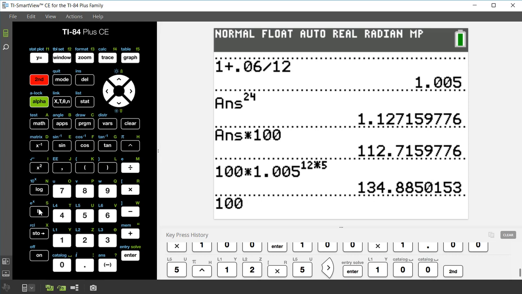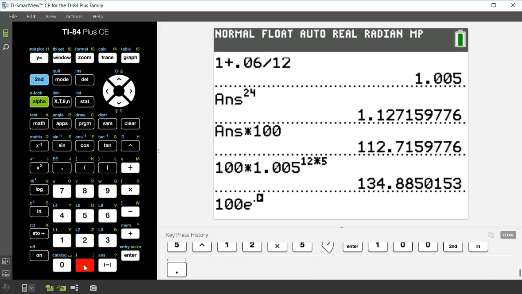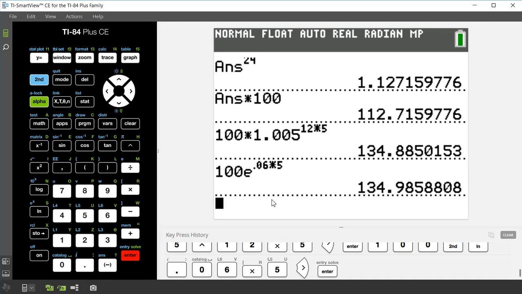Well, in this case, the interest rate is 0.06. But how long is this for? For 5 years. See how there's a 10-cent difference, because this would be 89 and this would be 99. That means the interest will never exceed 34.99 in this case.